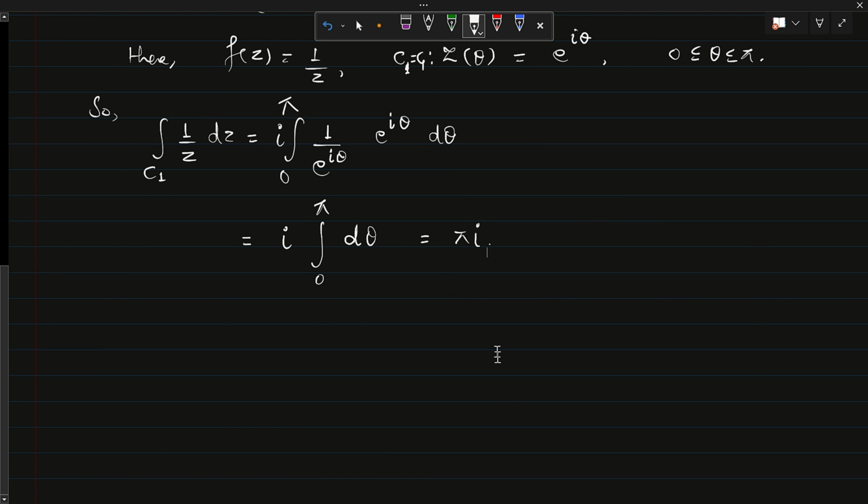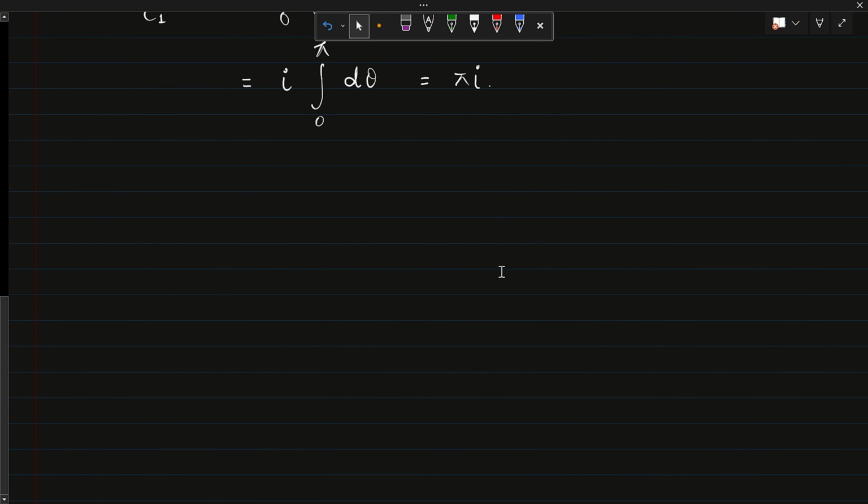So let us discuss the same example with a different contour.